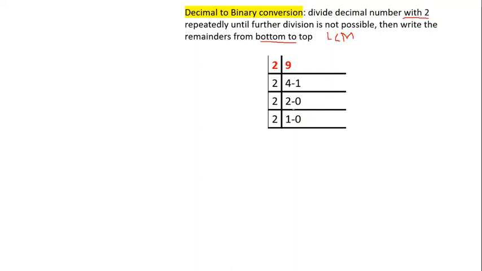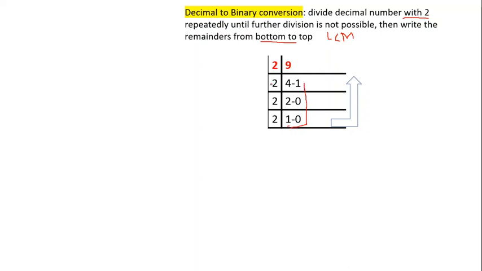At last, you write these remainders from bottom to top. What is the result? 1, 0, 0, 1.